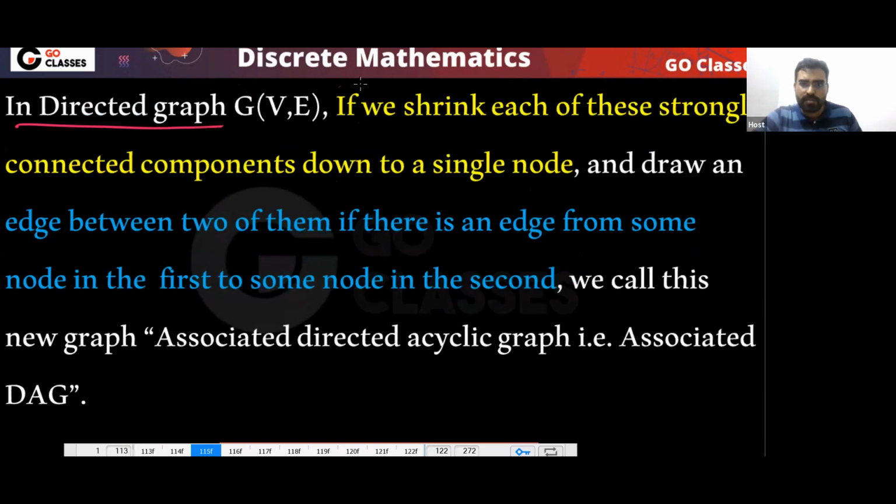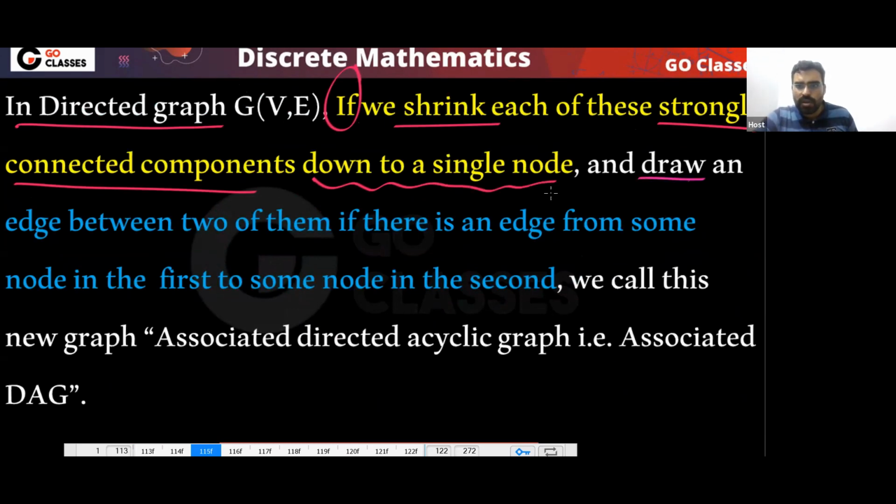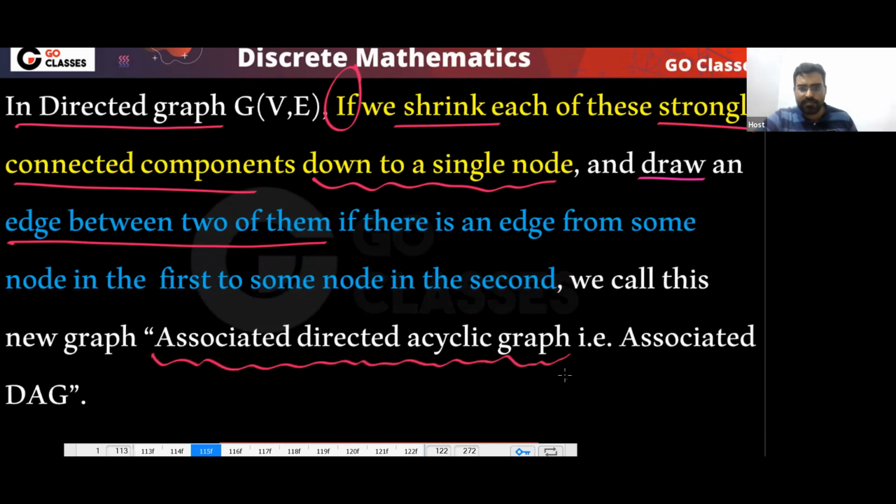If we shrink each strongly connected component down to one single node, and then draw an edge between two of them if there is an edge from some node in the first to some node in the second, then the new graph that you get we will call the associated directed acyclic graph.